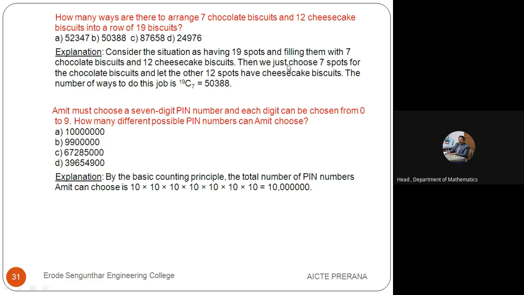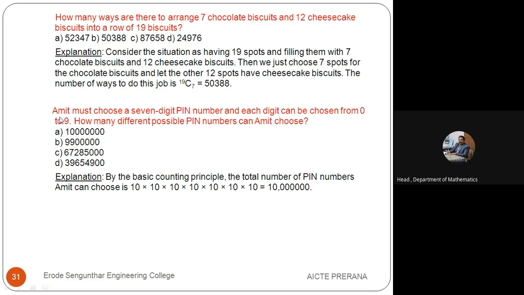Then we just choose 7 spots for the chocolate biscuits and let the other 12 spots have cheesecake biscuits. Therefore, the answer is 19C7. The total spots are 19, and we have to arrange 7 chocolate biscuits and 12 cheesecake biscuits. Therefore, the answer is 19C7.